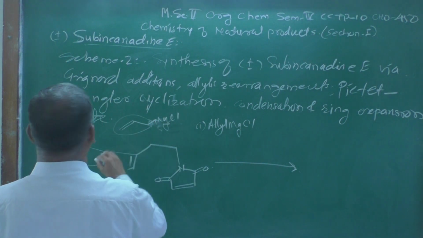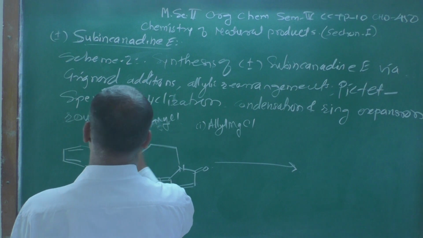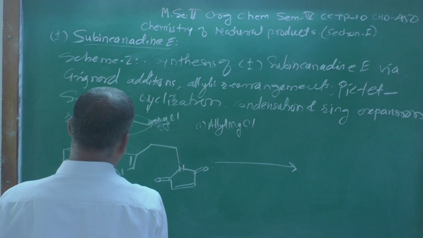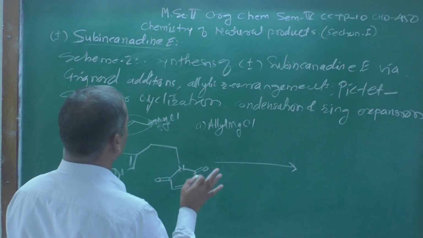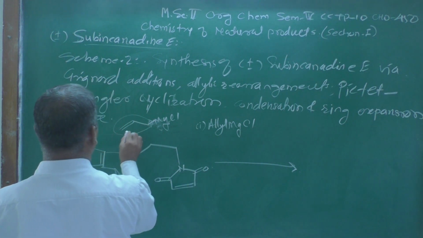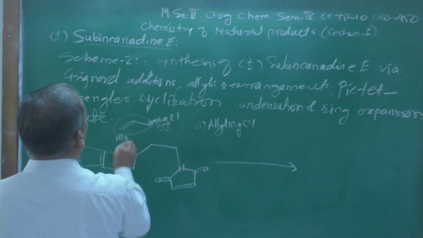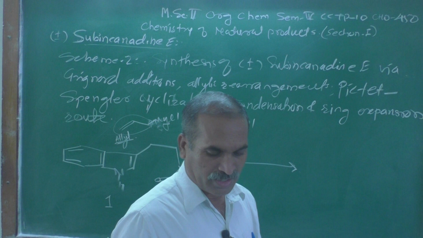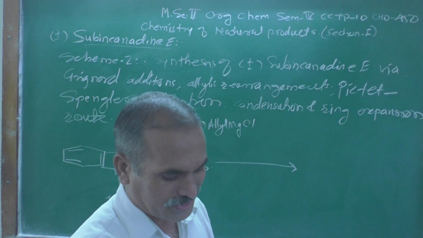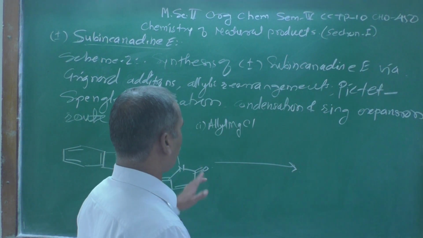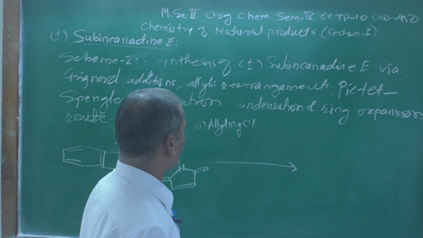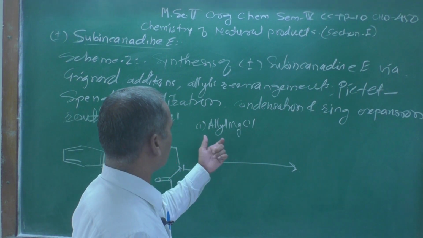This part is the carbon-carbon double bond and CH2, with one more carbon atom, and that type of system is known as an allylic system. This is an allyl system, and allylic rearrangement is the main point we are going to discuss over here.